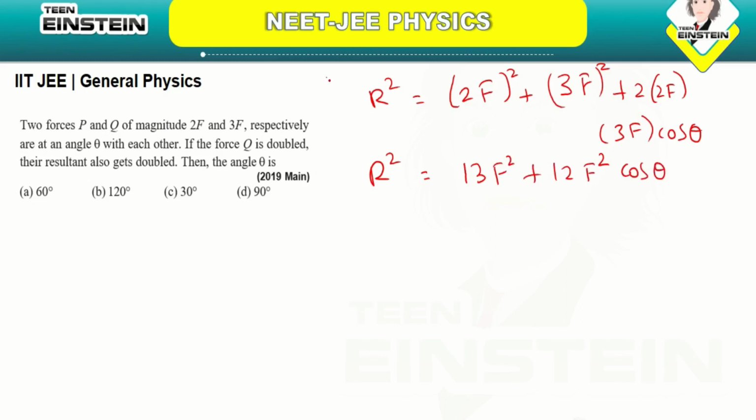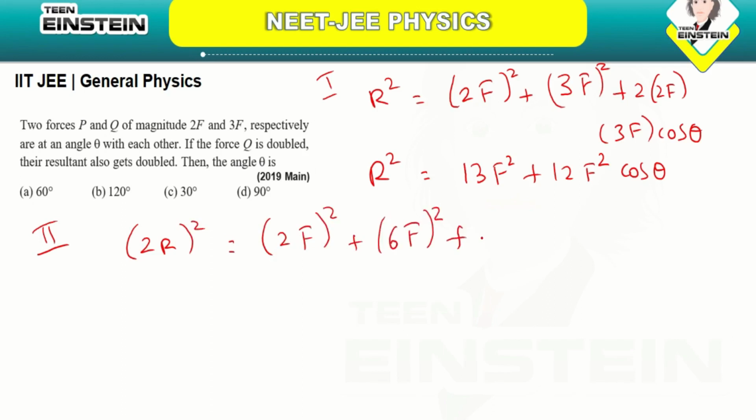Okay, now this is the first case. Now in the second case, the force Q is doubled. So you will be having 2R square is equal to (2F) square plus (6F) square plus 2 into 2F into 6F cos theta.